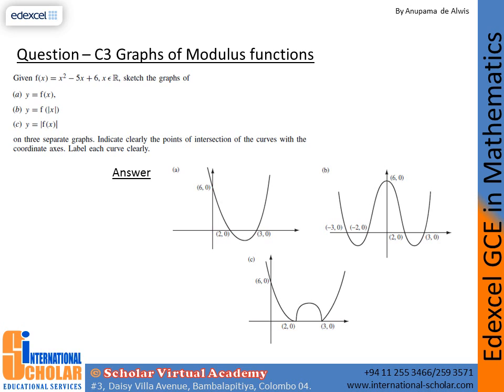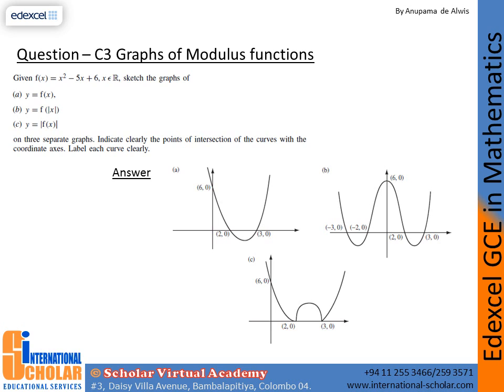Let's see how we can sketch the original graph, which is y equals x square minus 5x plus 6. You can factorize this equation, and the factors would be x minus 2 into x minus 3.